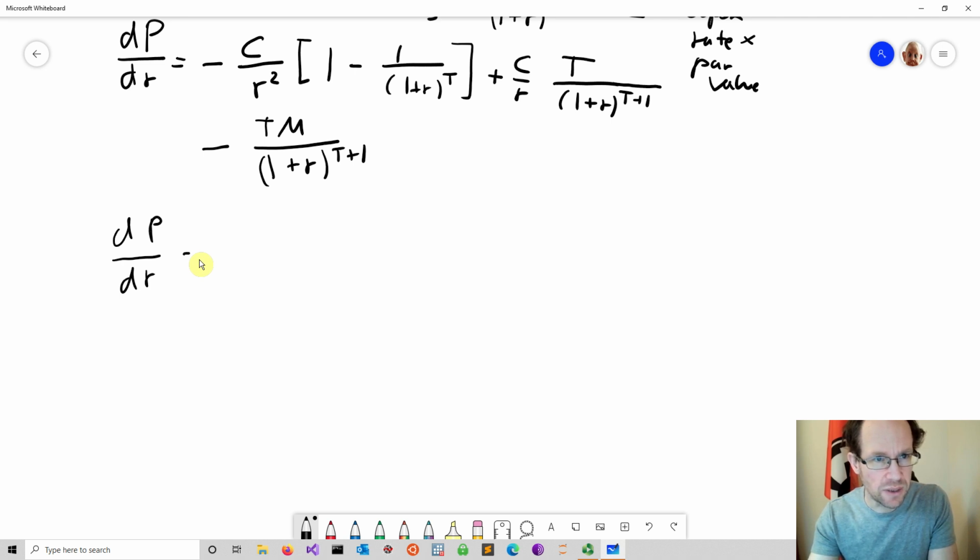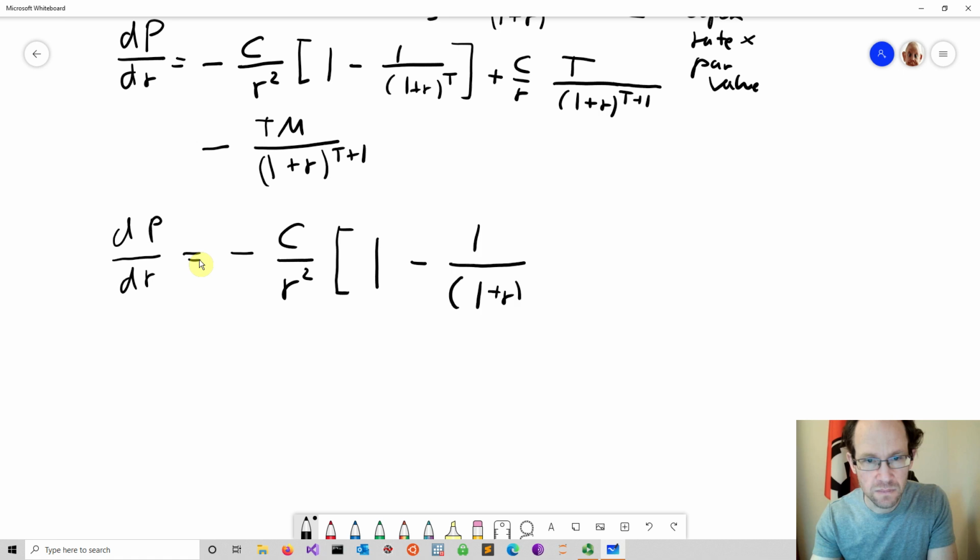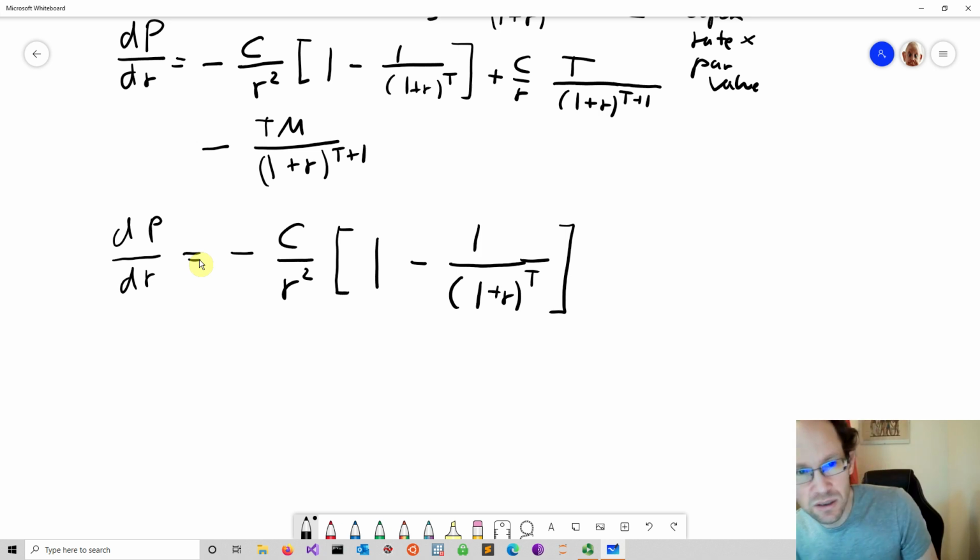The first term is quite acceptable actually, so it's minus your coupon payment and then the yield to the power of 2 and this component here. And then we have the second term and the third term, which we could combine.